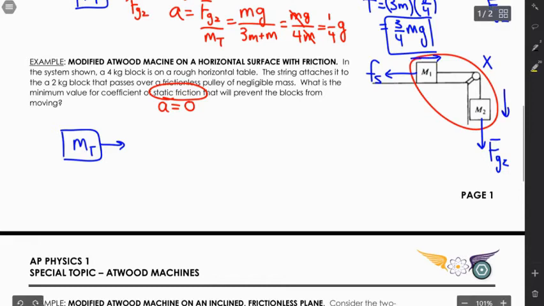The block on the table wants to go to the right, the hanging block wants to go down. So we have Fg2, and we have friction. These two should be about the same size, even if they may not look like it, because there's no acceleration, and we're talking about static friction.